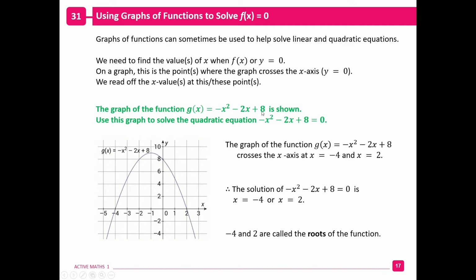So if we were to check or verify our answer, quite often we might be asked, verify your solution using algebra. Then we could simply rewrite the equation. So that's the right-hand side of the function, -x² minus 2x plus 8, and then change the x to each of our values that we think are the solutions.